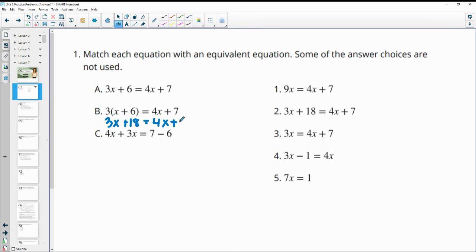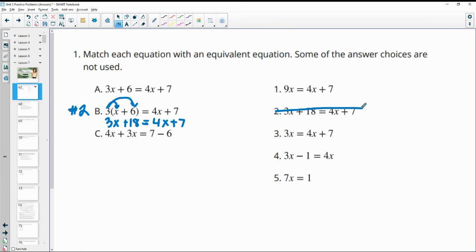When I look down, I do see that in number 2, they have 3x plus 18. So all they did here was distribute this 3 in and then leave this right-hand side alone. So this B goes with number 2.